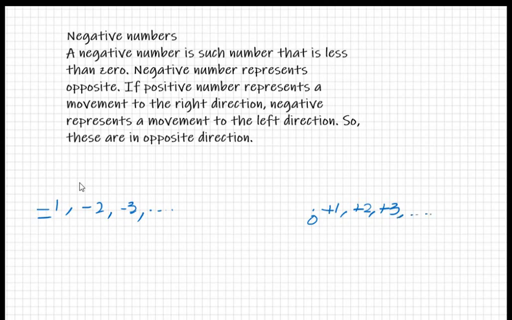But when you move to the left direction, there will be -1, -2, -3 and so on. It is decreasing and it is increasing. So +1, +2, +3 is increasing, and -1, -2, -3 is decreasing. So these numbers are also called the negative numbers.